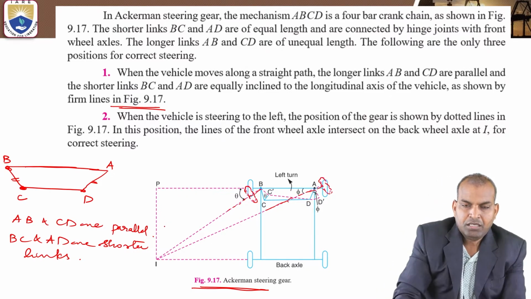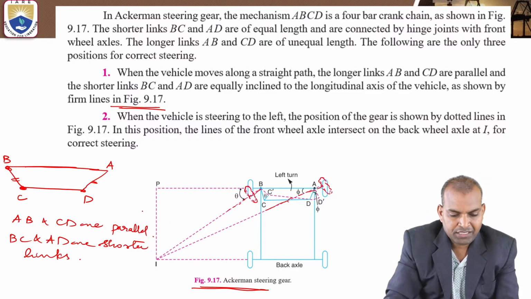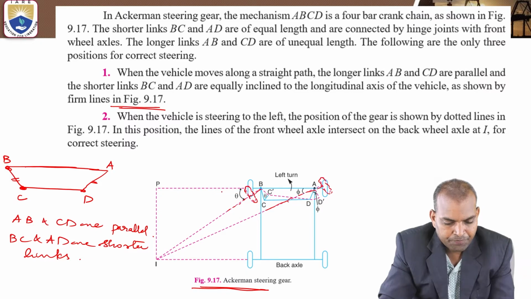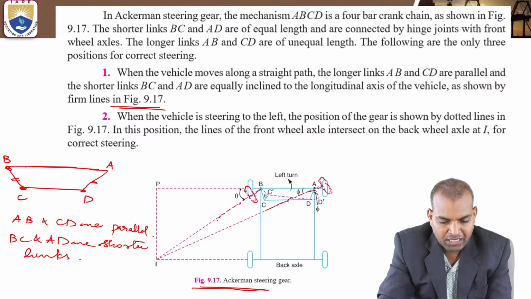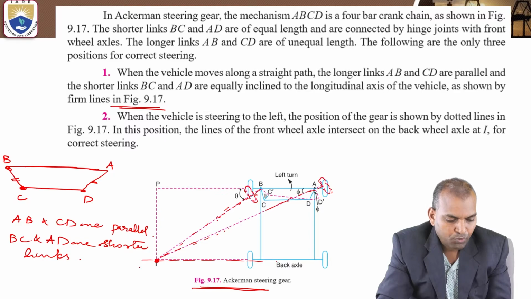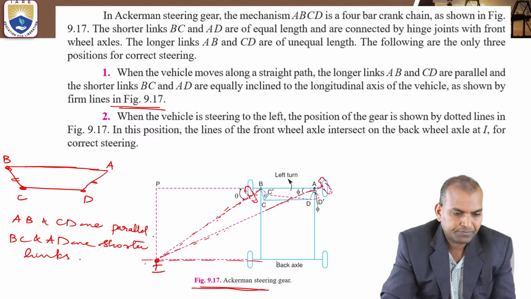Now what is happening with the lines of the front wheels in this position? The lines of the front wheel axles intersect the back wheel axle. This is the back wheel axle and the line of the front wheel axle.